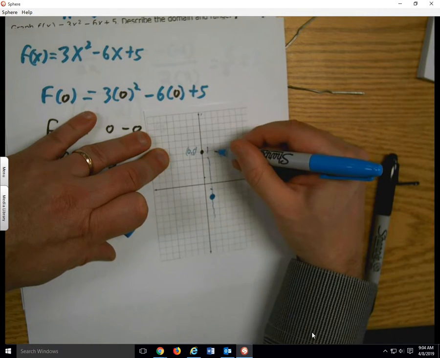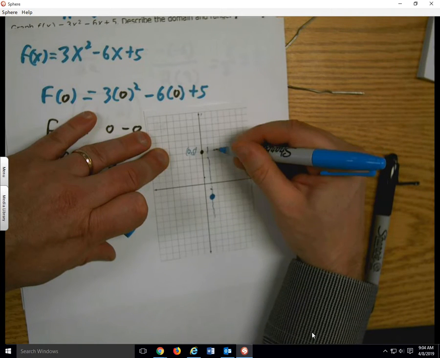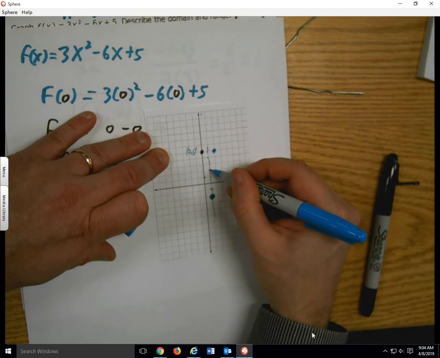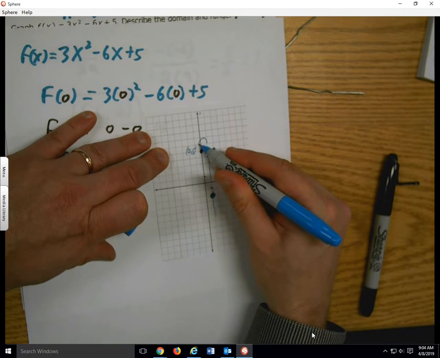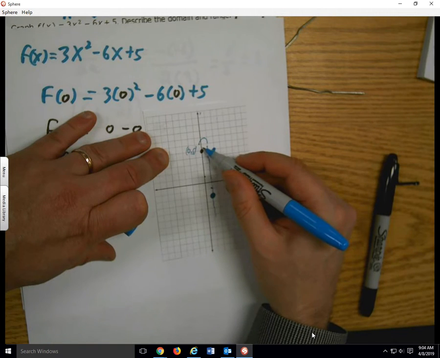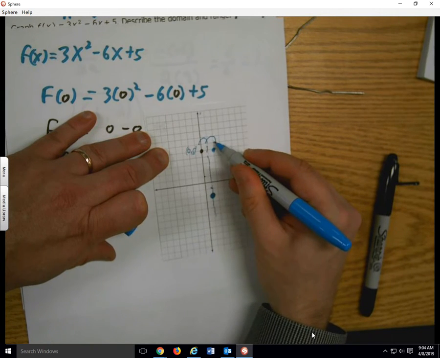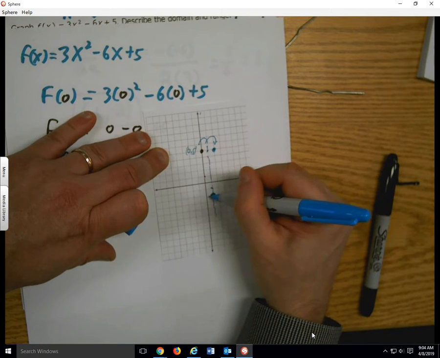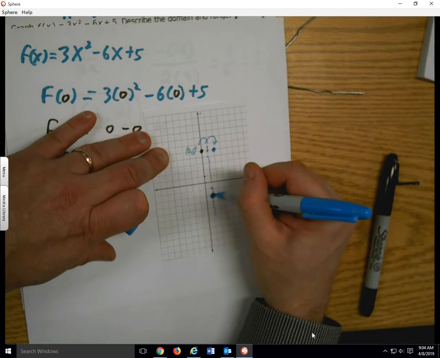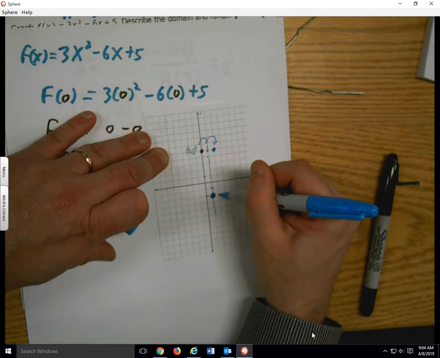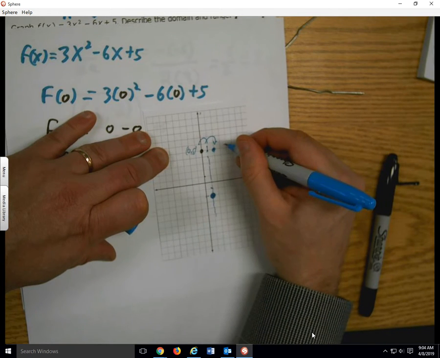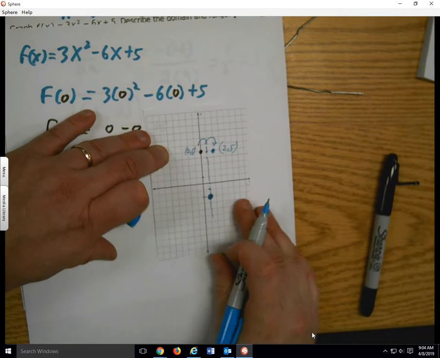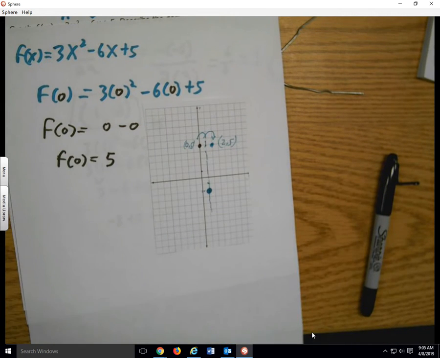So on the other side, if I were to go up 7, it would be even with this. But how far over is it from the axis of symmetry? Well, it only moves 1 over. If it moves over on this side 1, if it's symmetric, it's also going to move over on this side only 1. So if this is 0 and 5, and 0 is 1 away from the axis of symmetry, I would go 1 away on the other side. This would be 1, 2. This would be a 2 and 5. The 5 stays the same. Now we have 3 points on the graph.